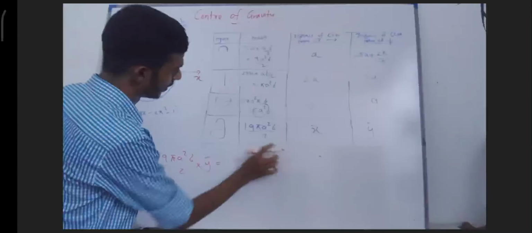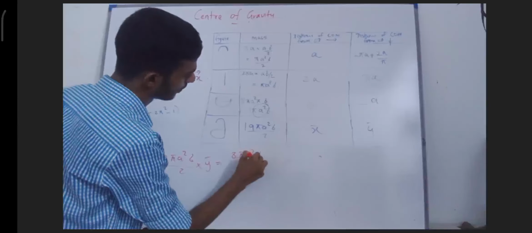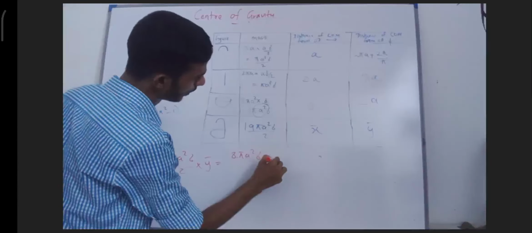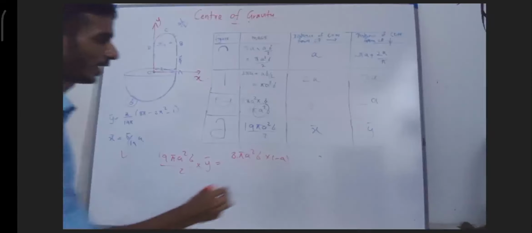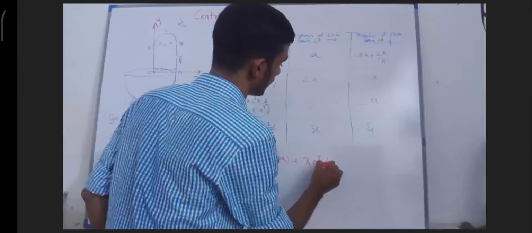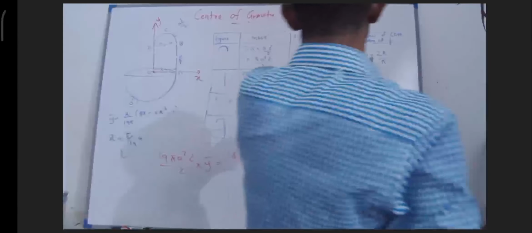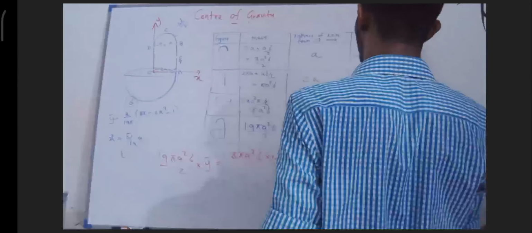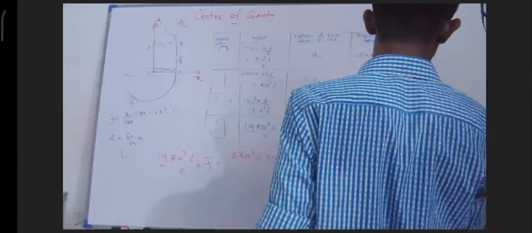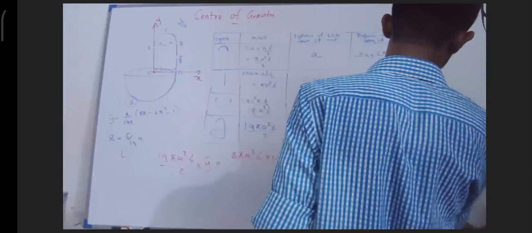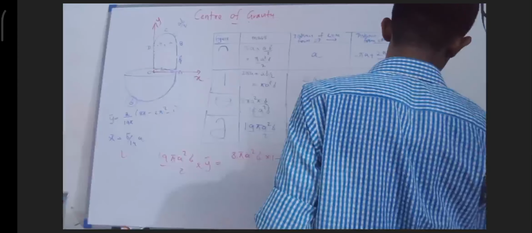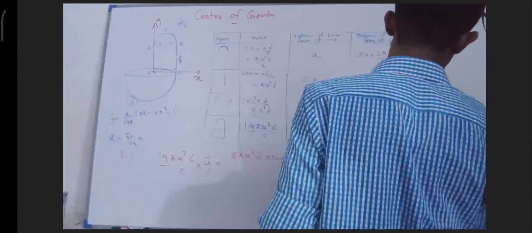So 8 pi a square sigma into minus a, plus this into this, pi a square sigma into pi a, plus this into this, pi a square sigma by 2 into 2 pi a plus 2a by pi.